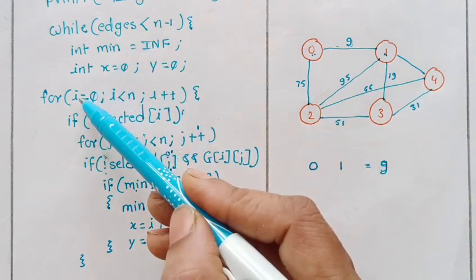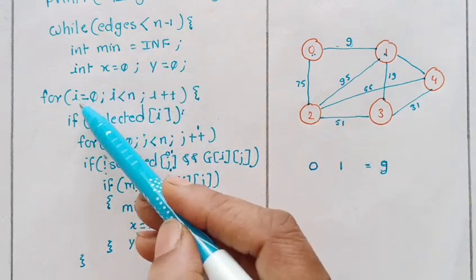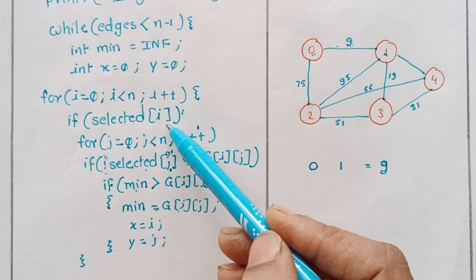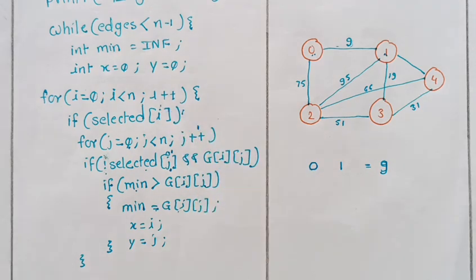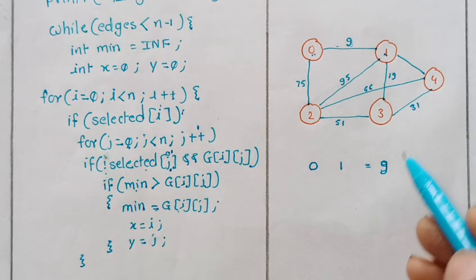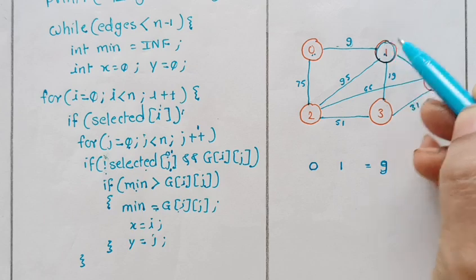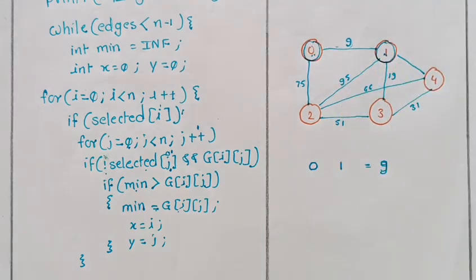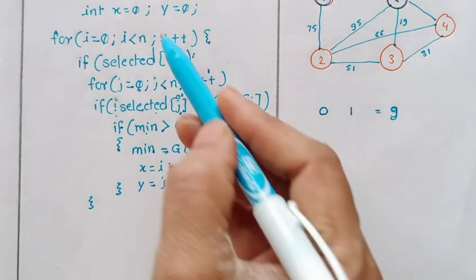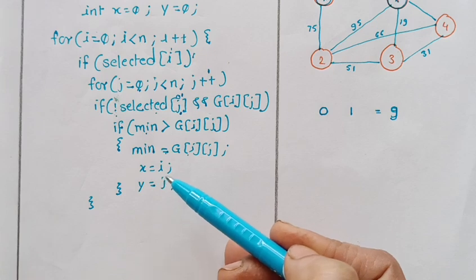Okay, and from the starting it will take this for loop, i equal to 0, selected of i. After completing this for loop you have to print the output here.